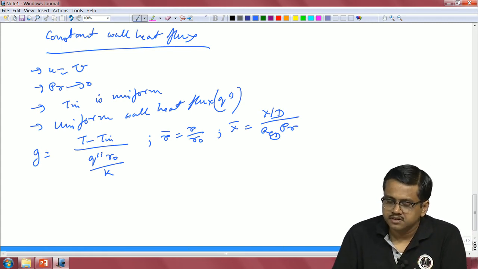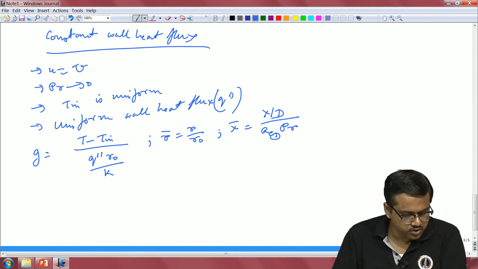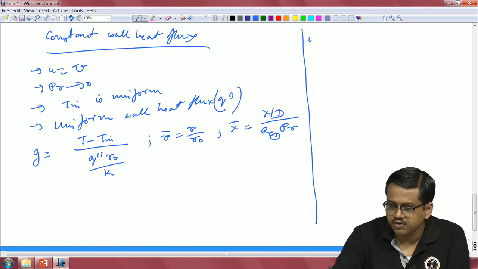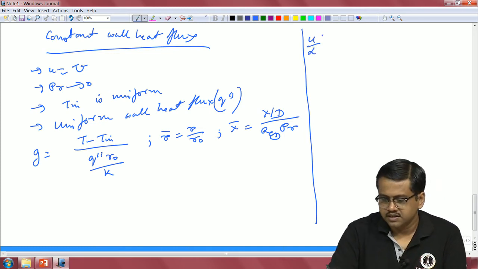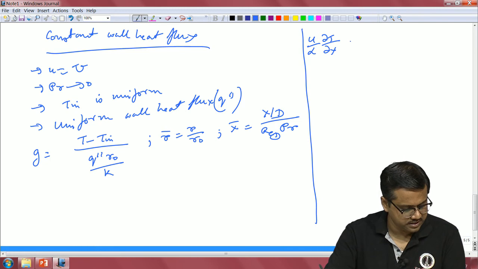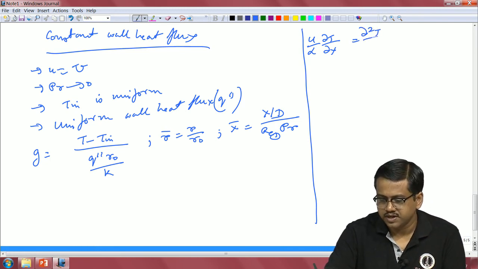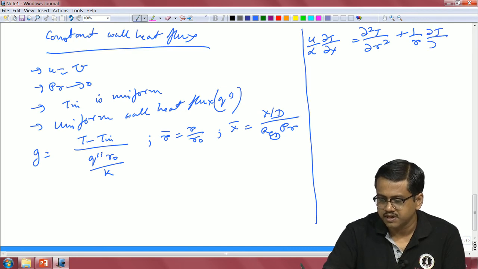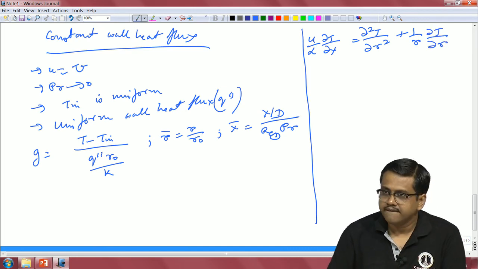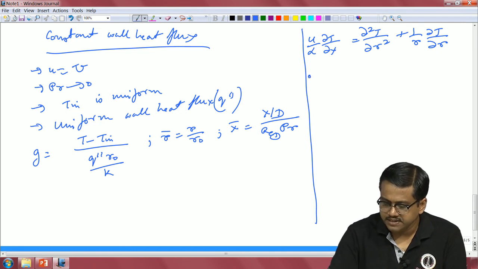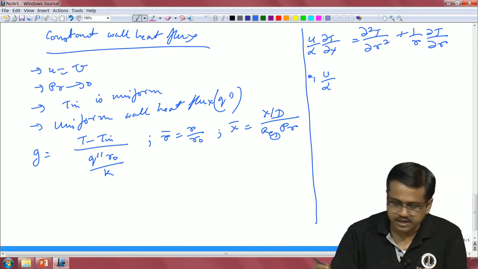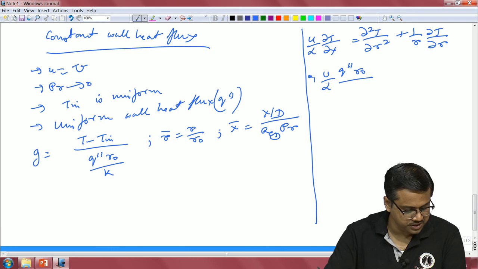Then you have your U by alpha dT by dx is equal to d square T by dr square plus 1 by r dT by dr. The same thing is valid now over here, except now your u becomes once again capital U. Q double prime now comes over here because of your definition.